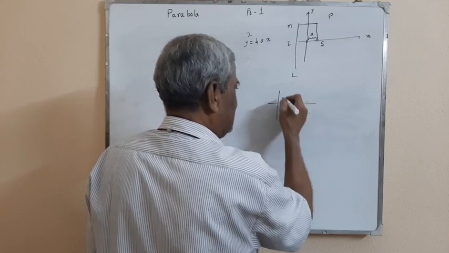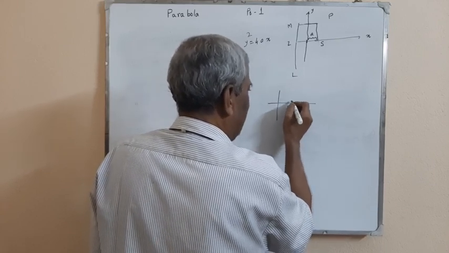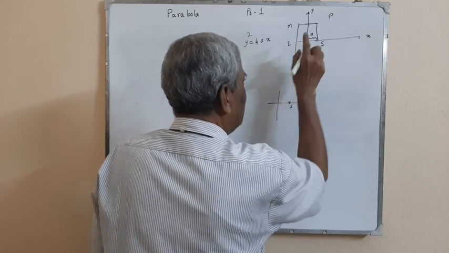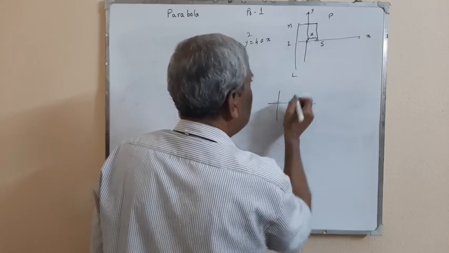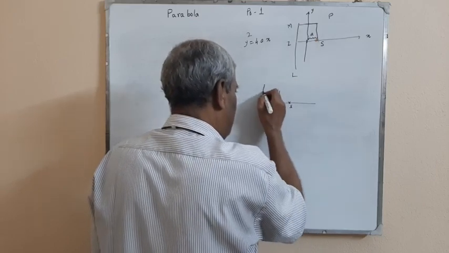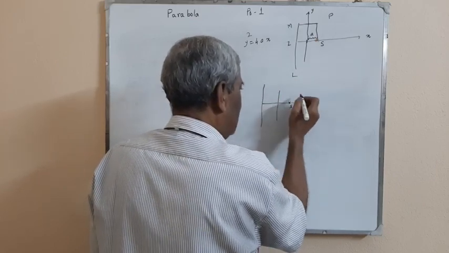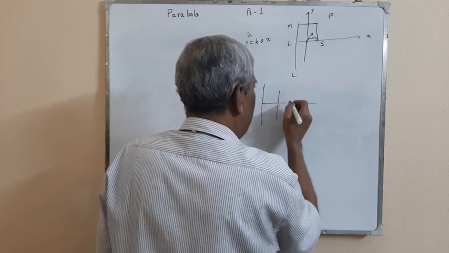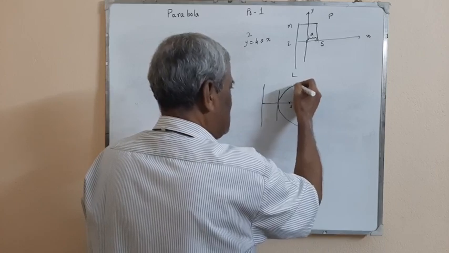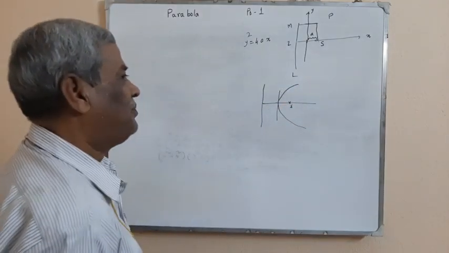Say this is the x-axis, this is the y-axis, this is S, and this is Z. Z means L. Then this part is a parabola.